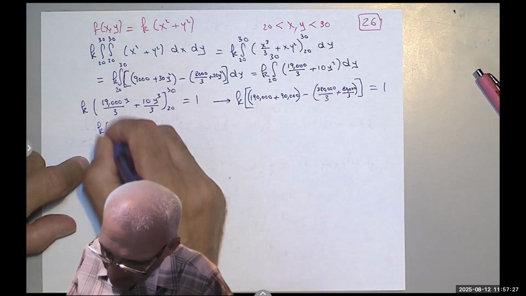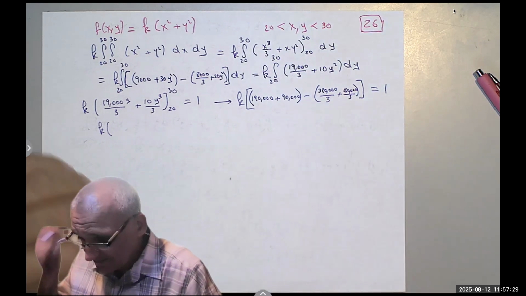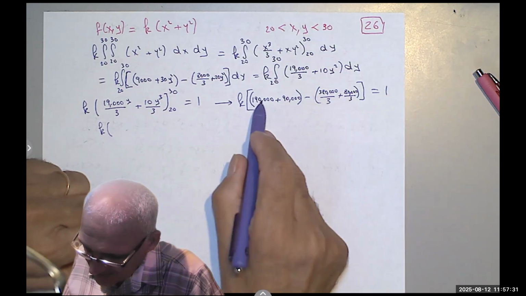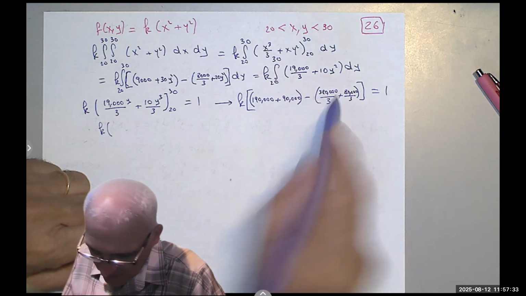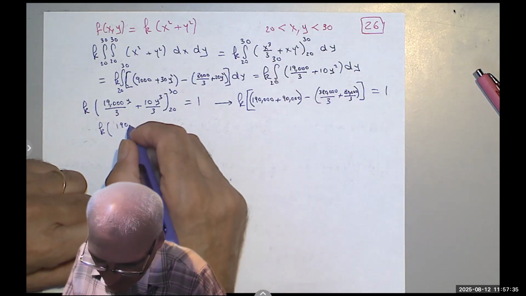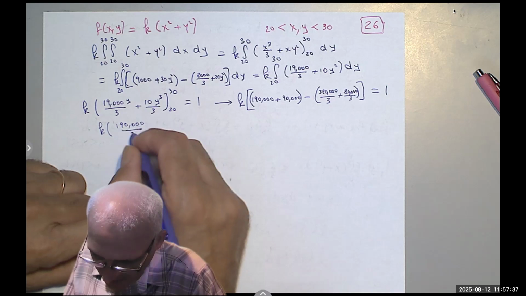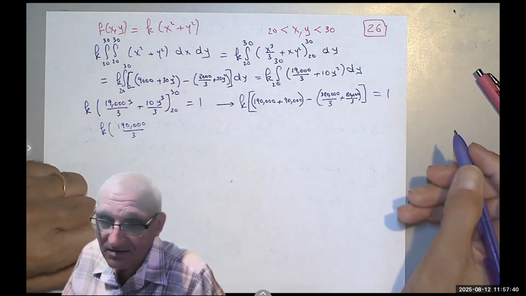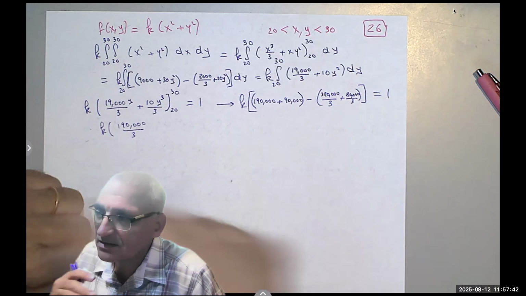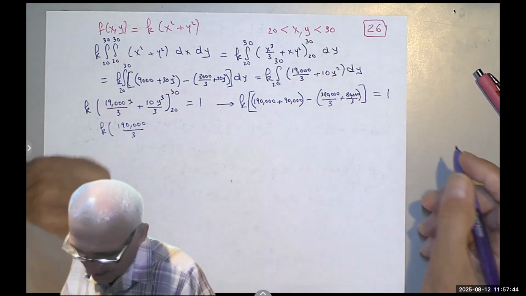I don't know why they give us such horrible numbers. This is 570,000 minus this. So this is 190,000 over 3. Again, you could have used your calculator, instead of waiting for me now, bored and growing your beards.